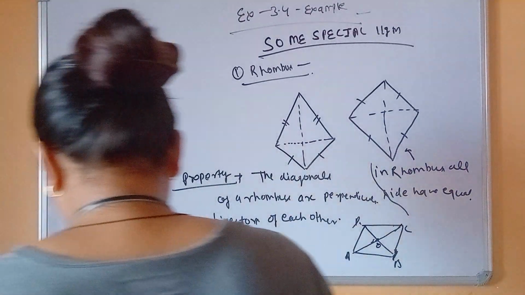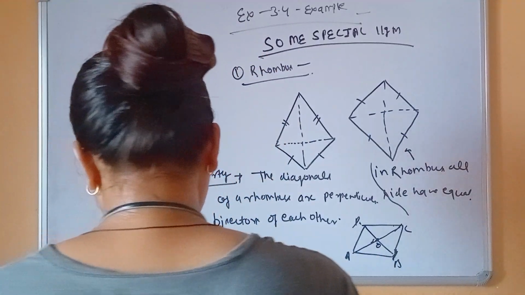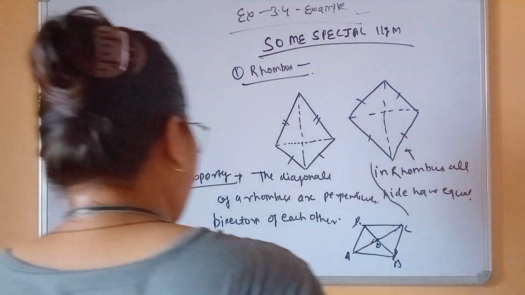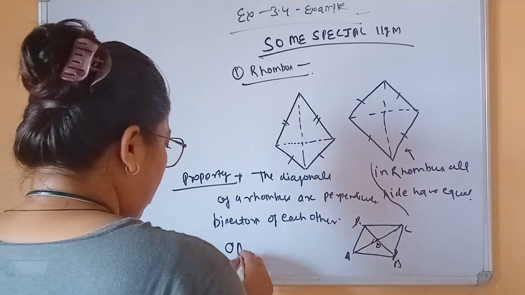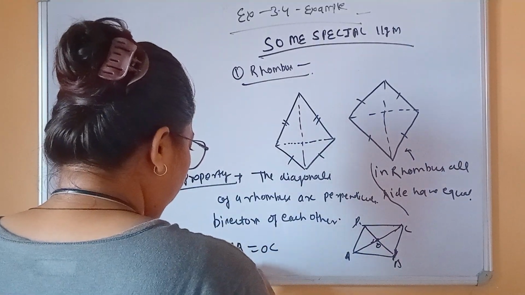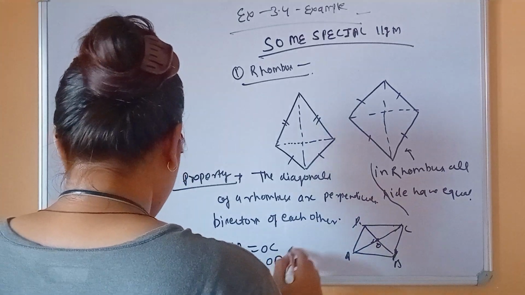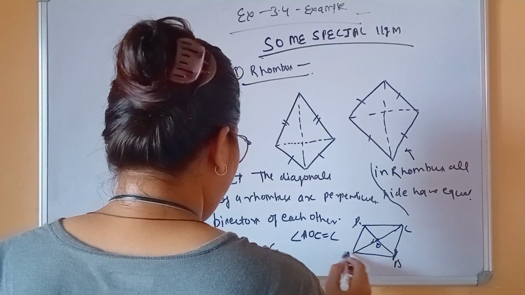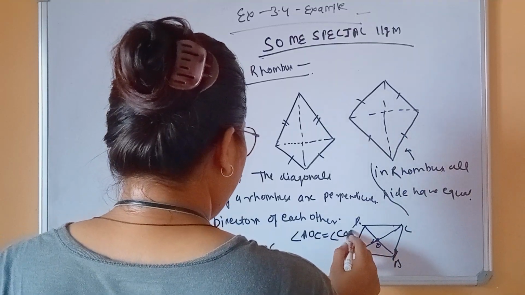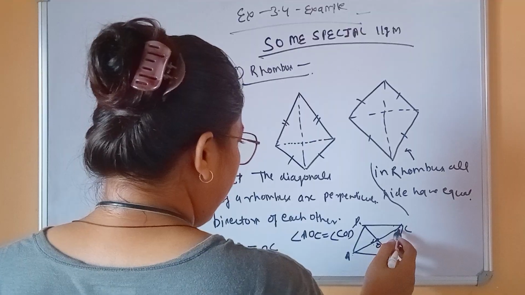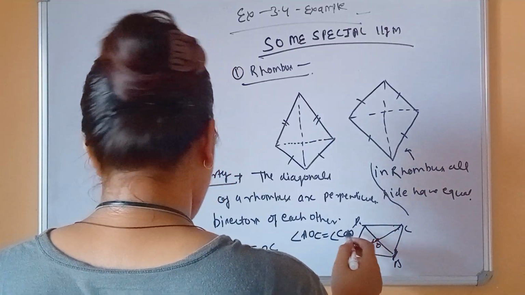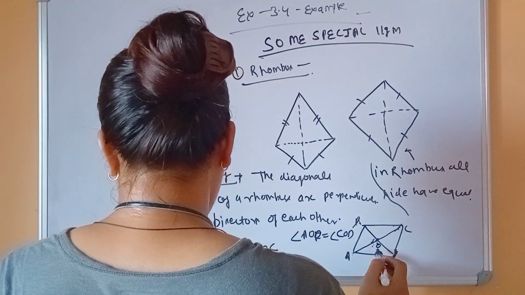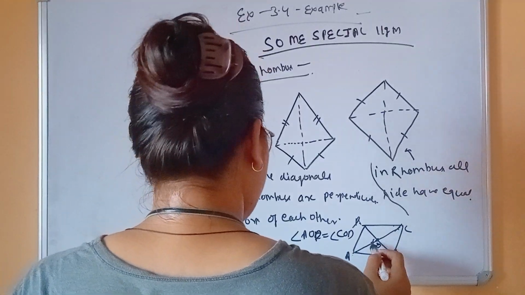So from here we find OA is equal to OC and OB is equal to OD. That means angle AOC is equal to angle BOC, and angle AOD is equal to angle COD.